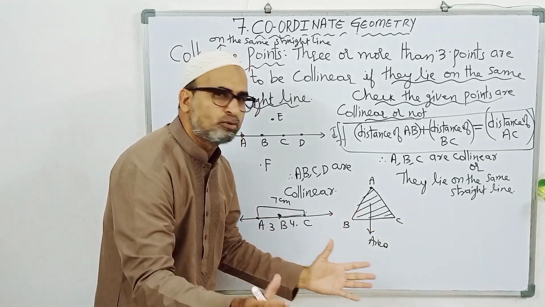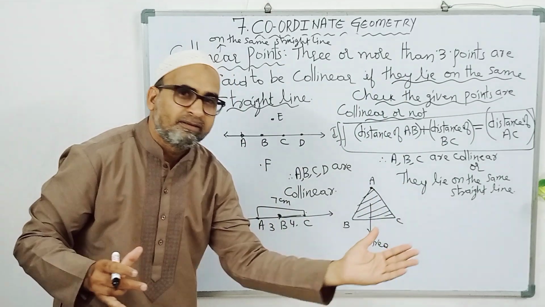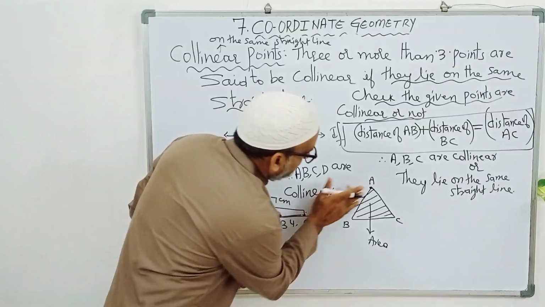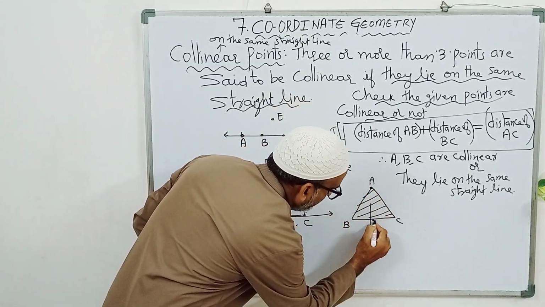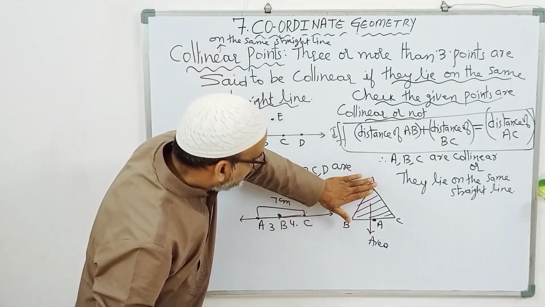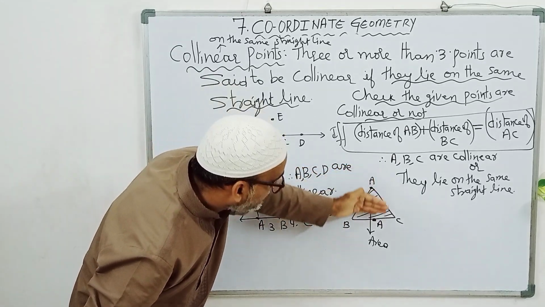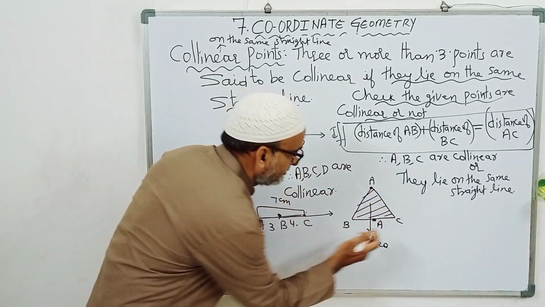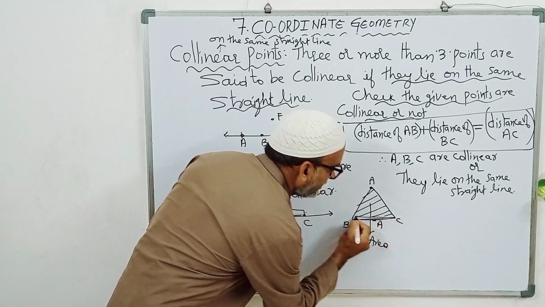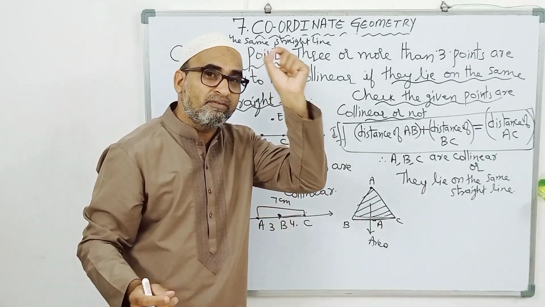The student prepared one triangle. But floods came, and all the sand came and fell here. Previously one area was there. Now the area has become slightly like this, means a straight line. So what is the area? Area is 0. One more important formula.